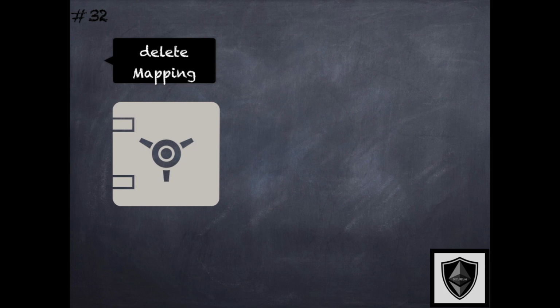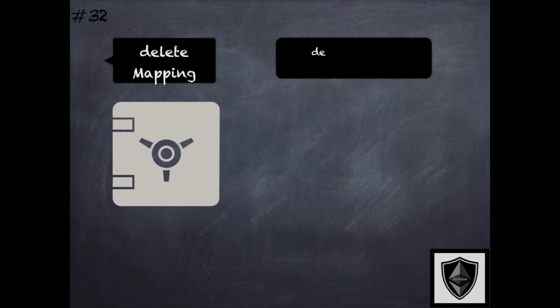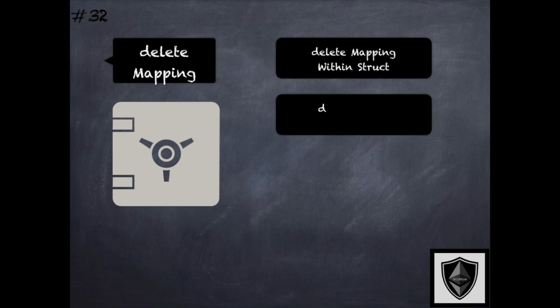The next security pitfall is related to the concept of the delete primitive in Solidity and how it applies to mappings. If there is a struct data structure in a smart contract that contains a mapping as one of its fields, then deleting that structure would delete all the fields of the struct, but the mapping field itself would remain intact.